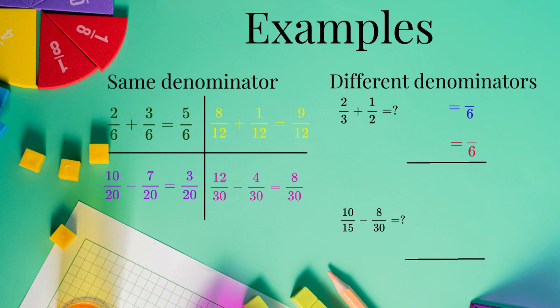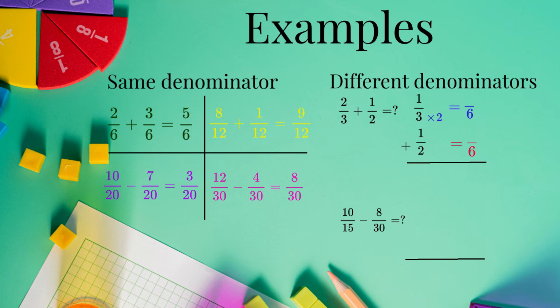So I will write my problem vertically, which is up and down, and then see how many times it takes me to get from 3 to 6, which is 3 times 2. If I multiply that 3 times 2 to get 6, I must multiply my numerator by 2 as well.